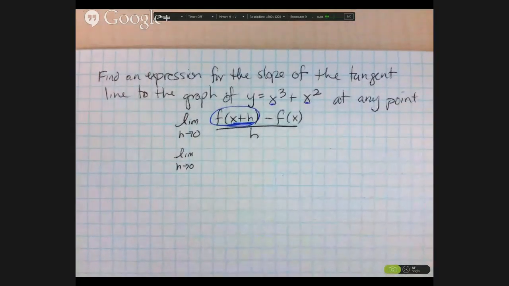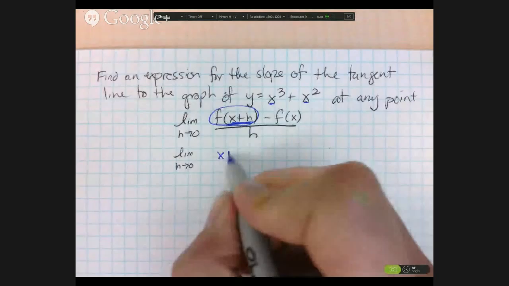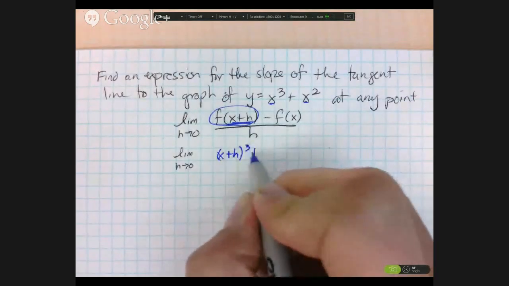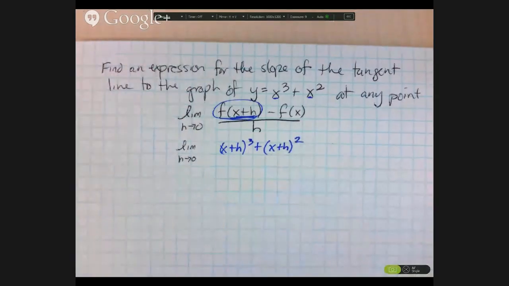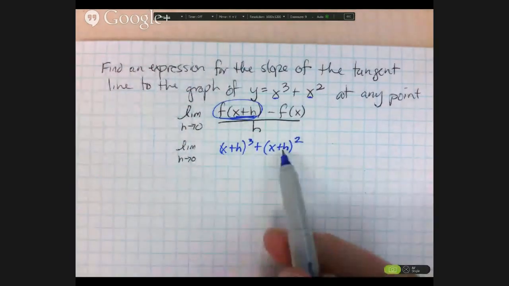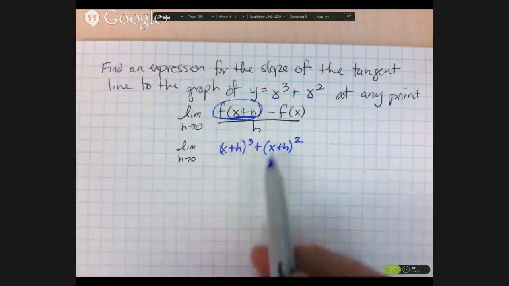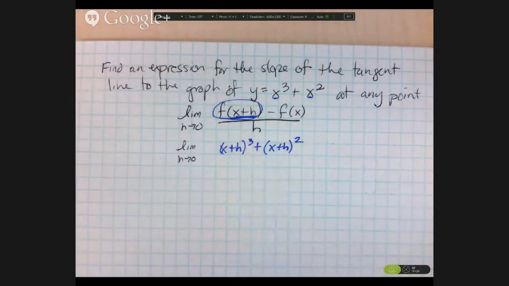It goes in for the x. That's what it looks like. So we have x cubed and x squared. The x plus h goes into both of them. Okay?